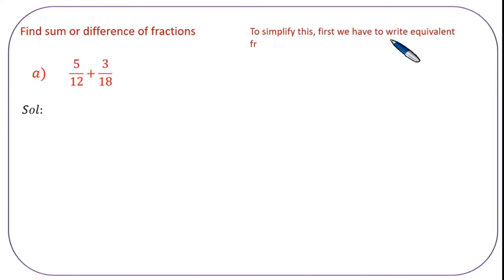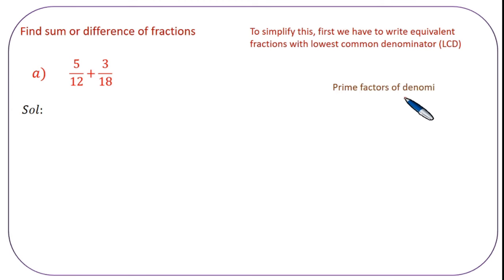We have to write the equivalent fractions with the lowest common denominator, that is the LCD. And to find the LCD, we need to find the prime factors of the denominators. Here the denominators are 12 and 18, so we will find the prime factors. Let me take 12. The prime factors of 12 are 2 times 2 times 3. 2 times 2 is 4, 4 times 3 is 12.